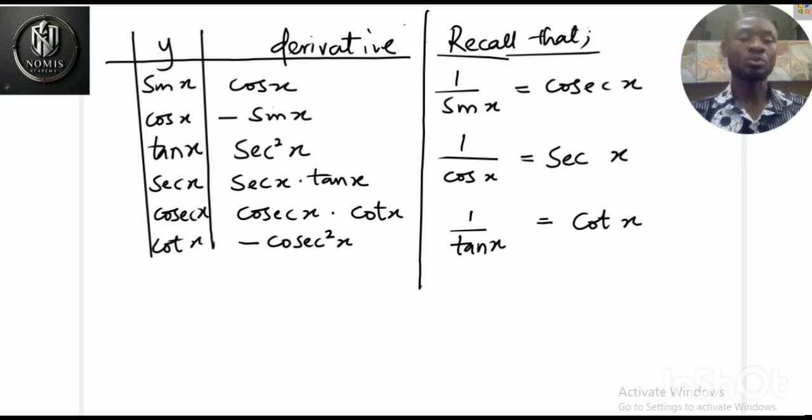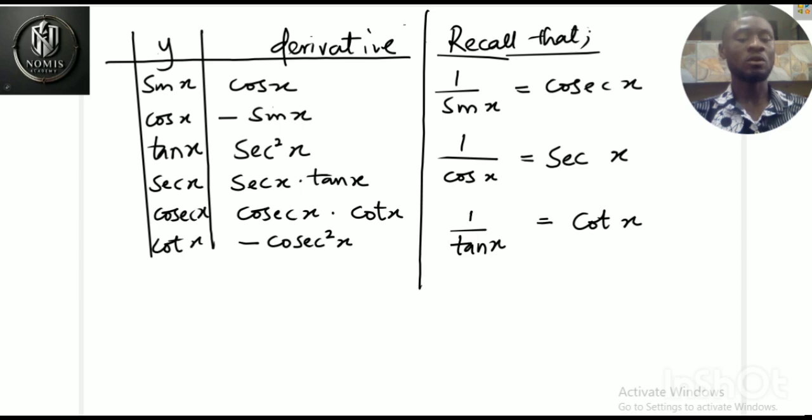Now, I also want you to put it at the back of your mind that 1 over sine x is equal to cosec x. Remember this. If you haven't watched our previous videos on trigonometric identities, I'll ask you to go and watch them to learn more.